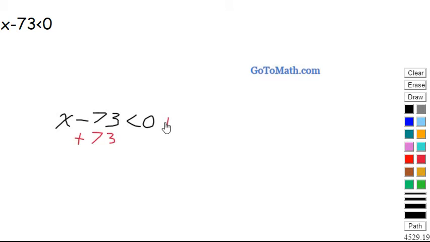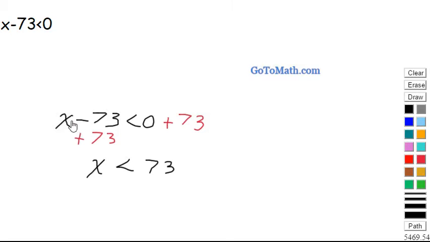Alright, add 73 to both sides, and as you can see here, this is going to cancel out and just become 0. And so now we have x is less than 73.